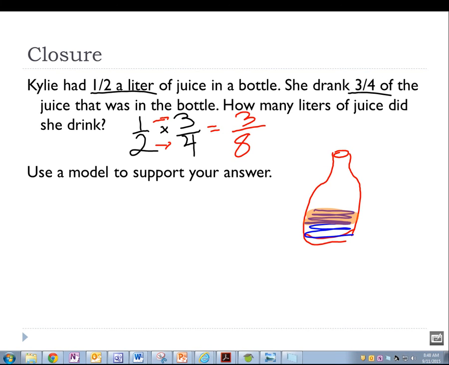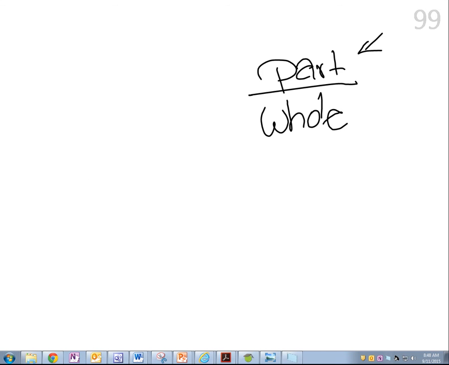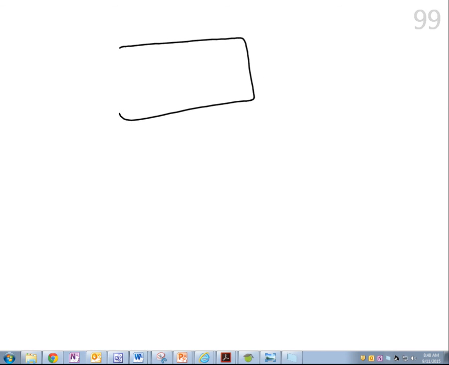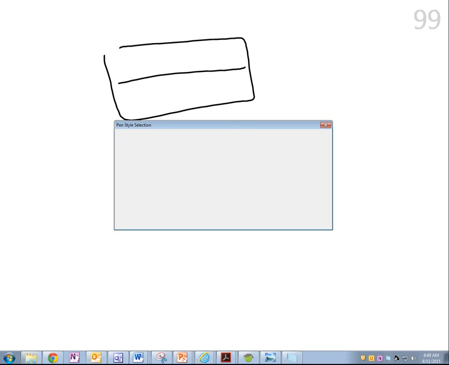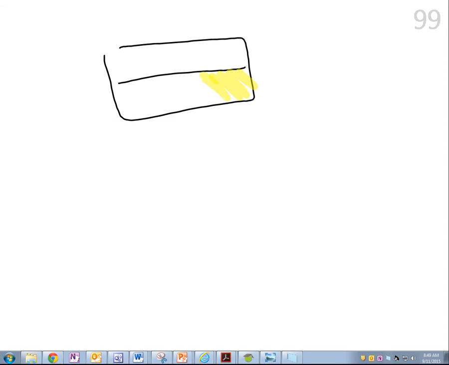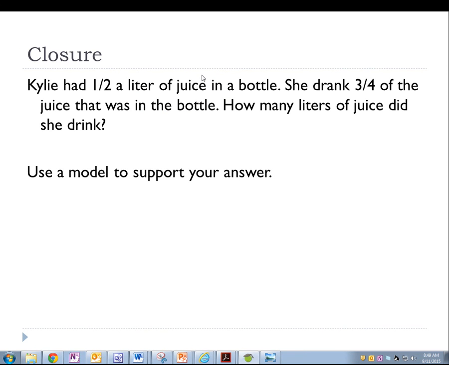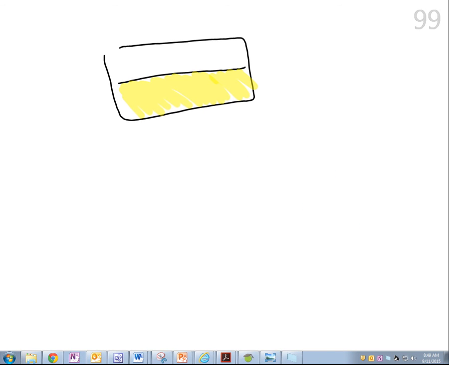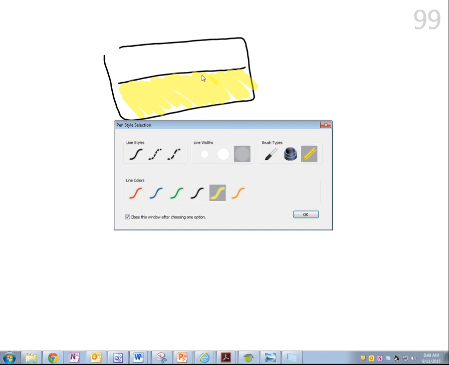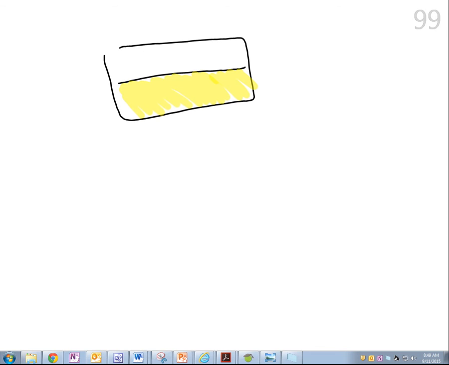And we could model it as well. We'll make it orange juice, or lemonade. All right, so there's our half liter. We drank 3/4 of that, so we need to get 1, 2, 3, 4.